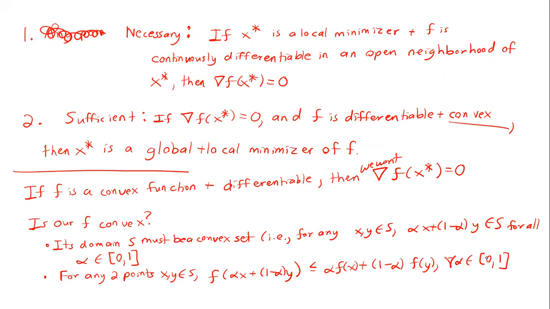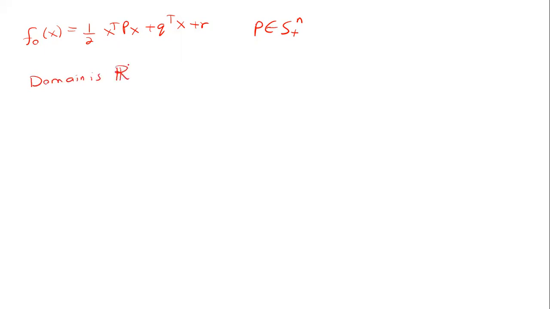And so our f right now is the one where f0 of x is equal to 1/2 x transpose P x plus q transpose x plus r, where P is in S plus n. So first we can ask, what's the domain of this? The domain is Rn.